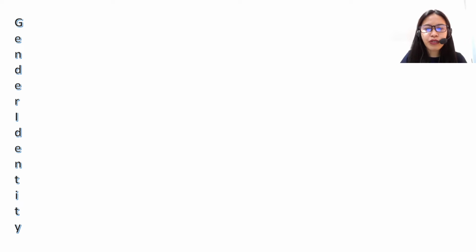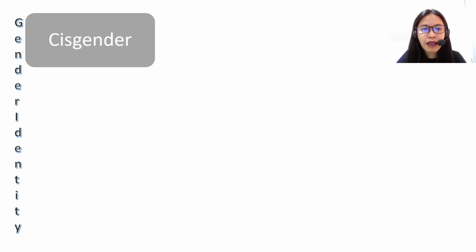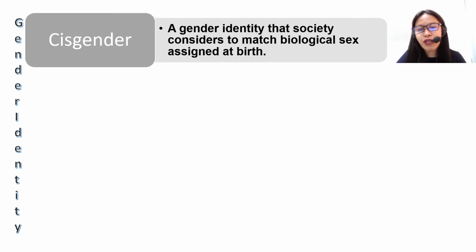And there are actually specific gender identities being pointed out by different scholars and different psychologists, which may be familiar to all of you. So one gender identity is what we call cisgender. A cisgender is a gender identity that society considers to match the biological sex assigned at birth.